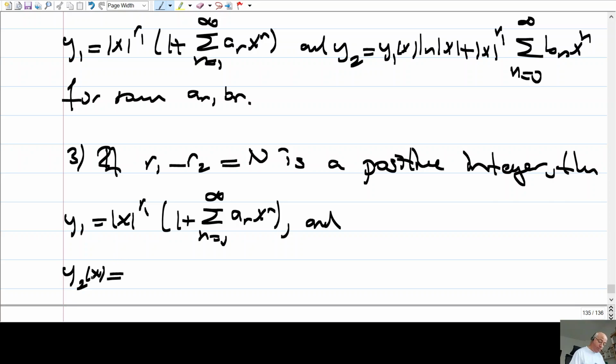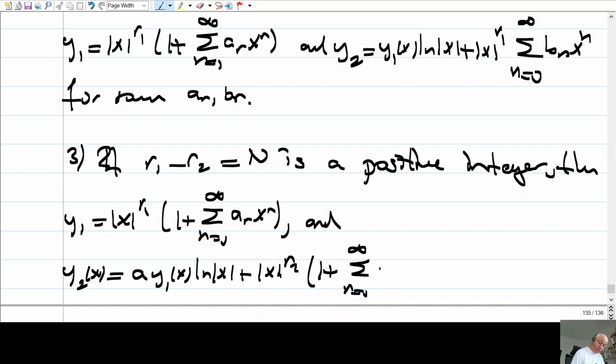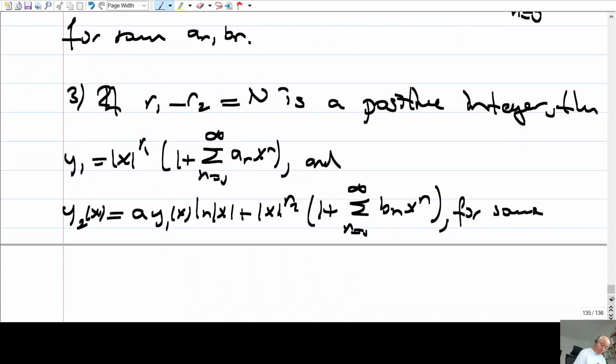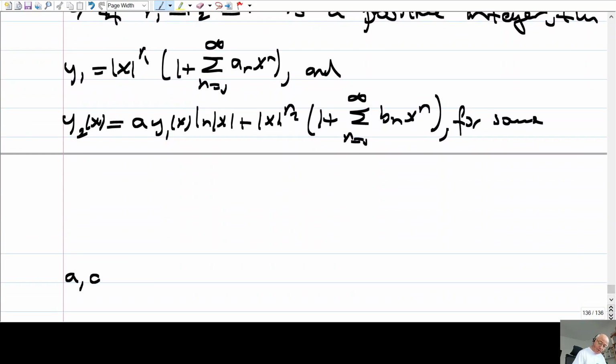They have the following form: some number a times y1(x) times ln x plus x to the power r2, and here I have 1 plus the sum from 1 to infinity again of bn x to the power n, for some a, an, and bn. Now I have an extra coefficient a here.